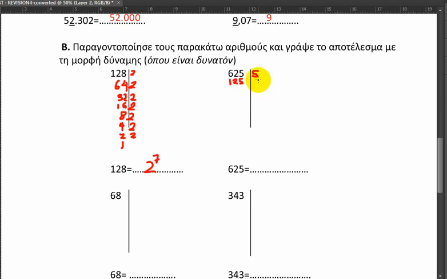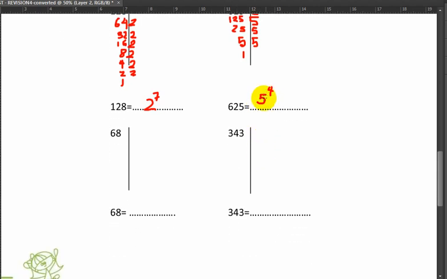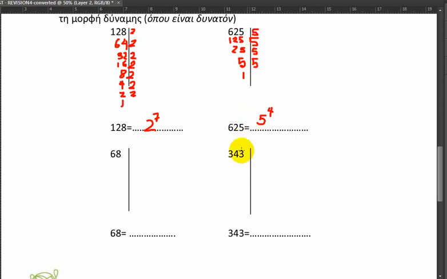And this is also divisible by 5, and it's going to give me 25, which is also divisible by 5, until we get 1. So 625 is equal to 5 to the power of 4, 5 to the 4th. Because look, 4 5s here.